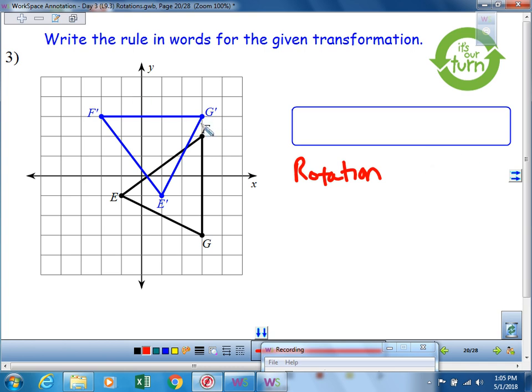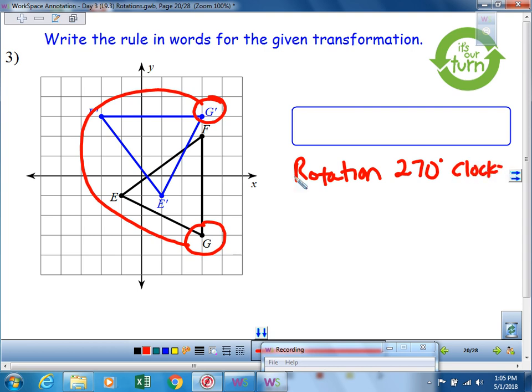All right, so if I start with G, remember you always start on the pre-image and go to the image. How many quadrants did we go? 270 clockwise about the origin, or 90 counter. What's that? Either. Only one.